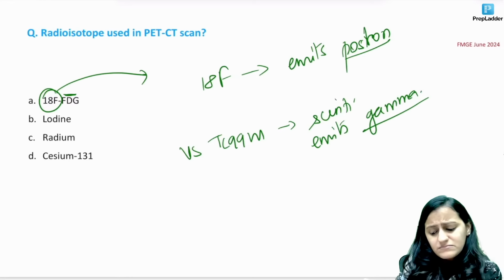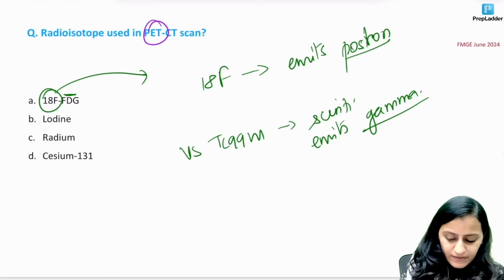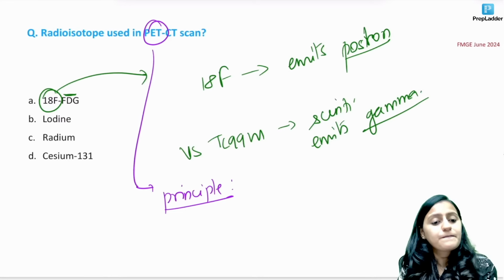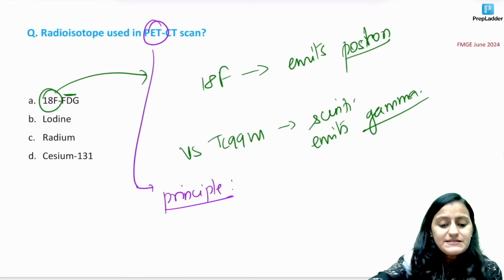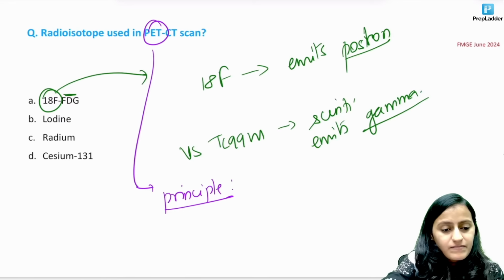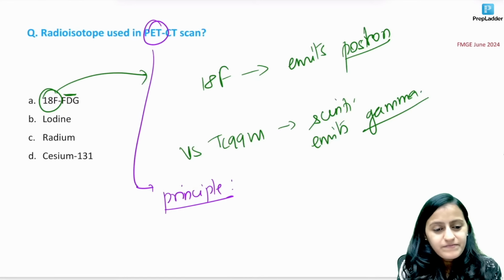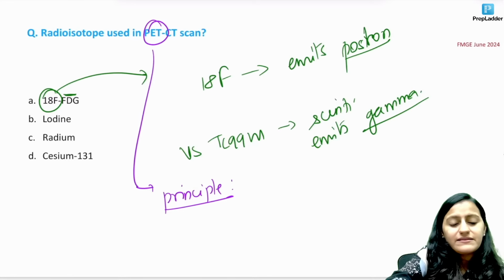Okay? And can someone tell me what is the principle of PET scan? What is the principle of PET scan? No. The name of the principle, right, that can be asked in the exam.